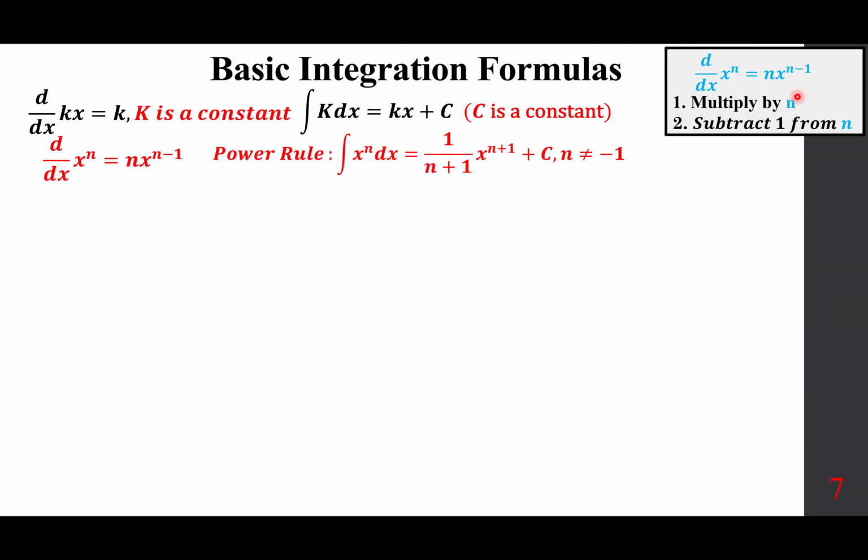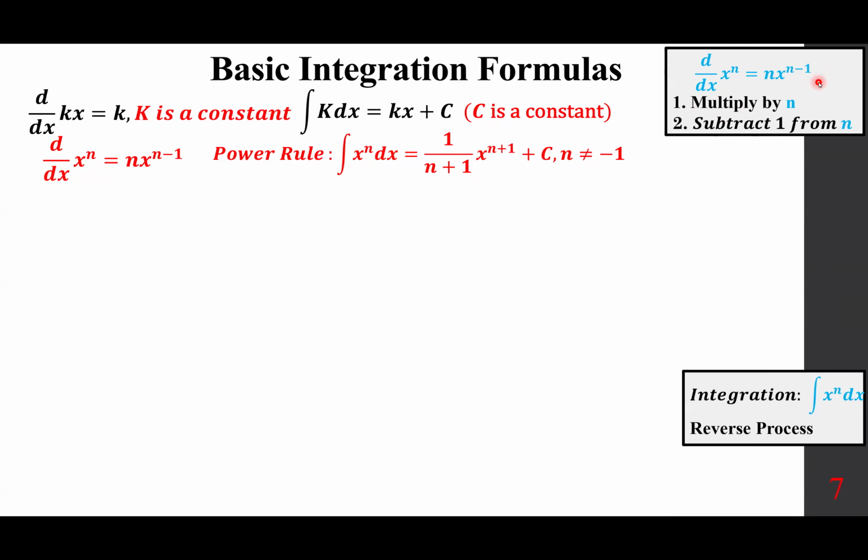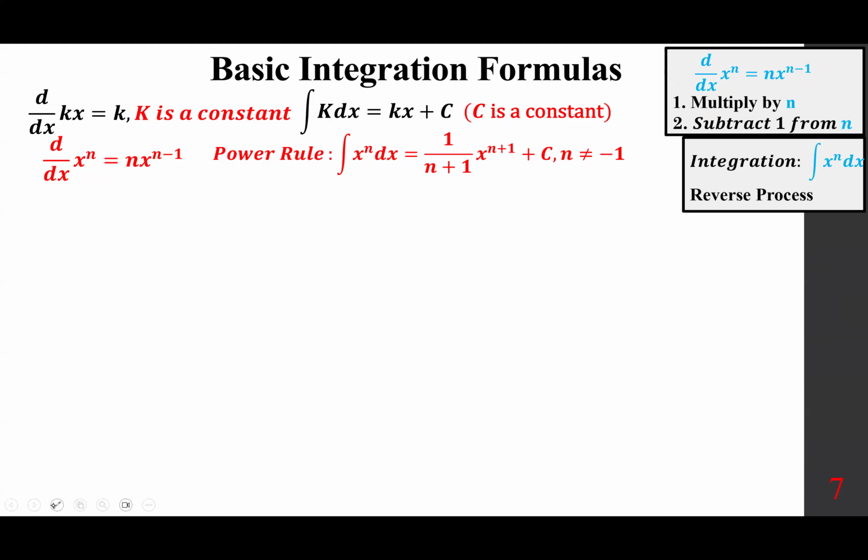You multiply by n and you subtract 1 from the exponent. Now, if you want to integrate that, it is the reverse process. Number 1, add 1, so it becomes n plus 1. And number 2, multiply becomes divide by n plus 1. And that's how we arrive at that.